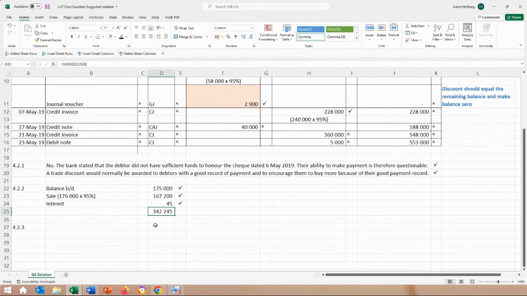To answer this question, you need to know what side we normally find the debtors balance. What do you guys think?